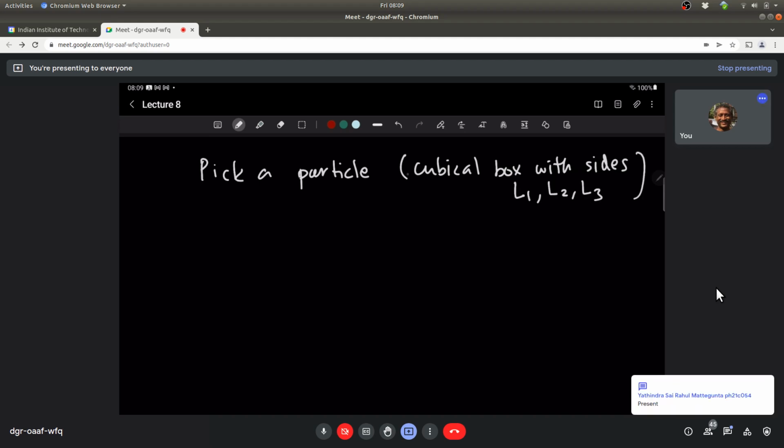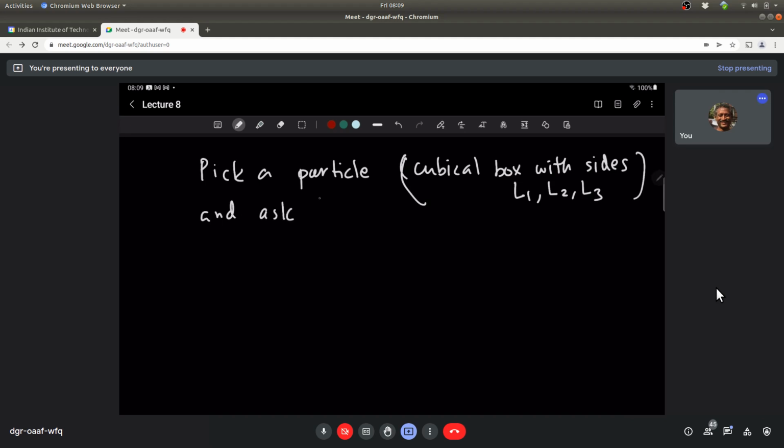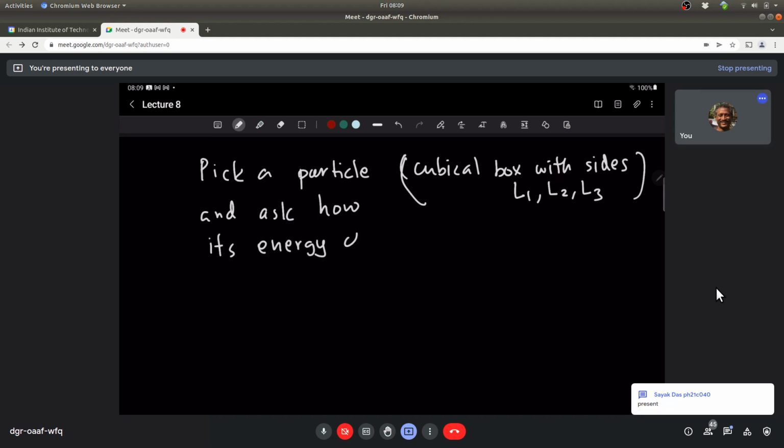Even though we will do computations for a cubical box, we will later write the answer in general. We pick a particle and ask how its energy changes as the length scale L1 is changed.